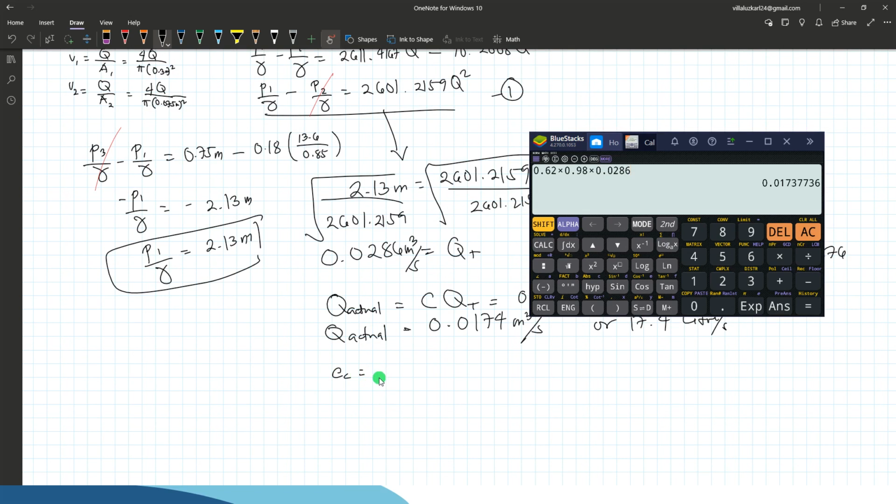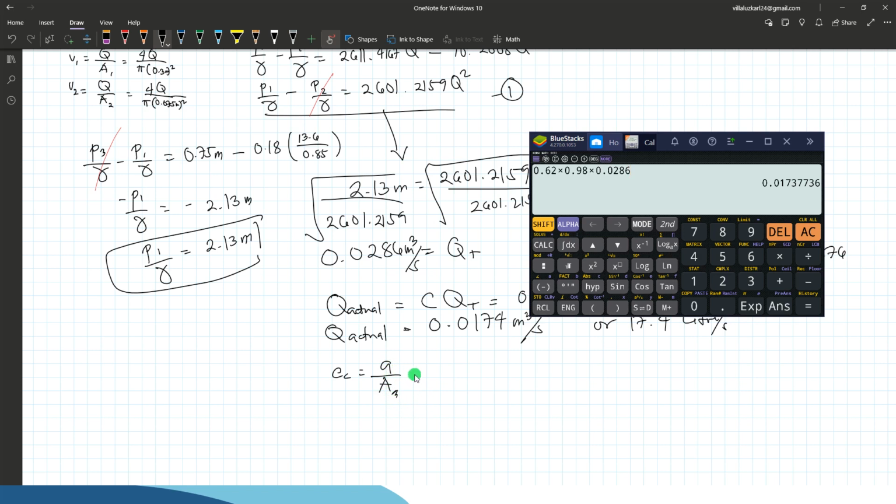As we recall, the coefficient of contraction is the area a over the cross-sectional area A. The lowercase a is the actual area, and the capital A is the opening of the orifice.